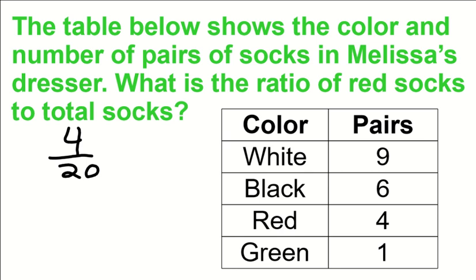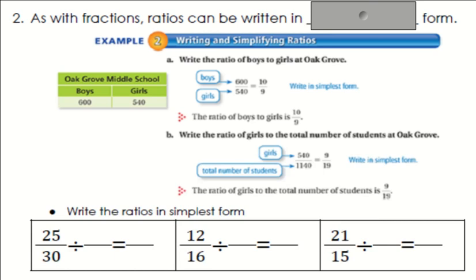You can simplify ratios. All right, so if you flip that sheet over, as it says, as with fractions, ratios can be written in simplified form. And it works just like with fractions. If we look at 25 over 30, what goes into 25 and 30? 5.